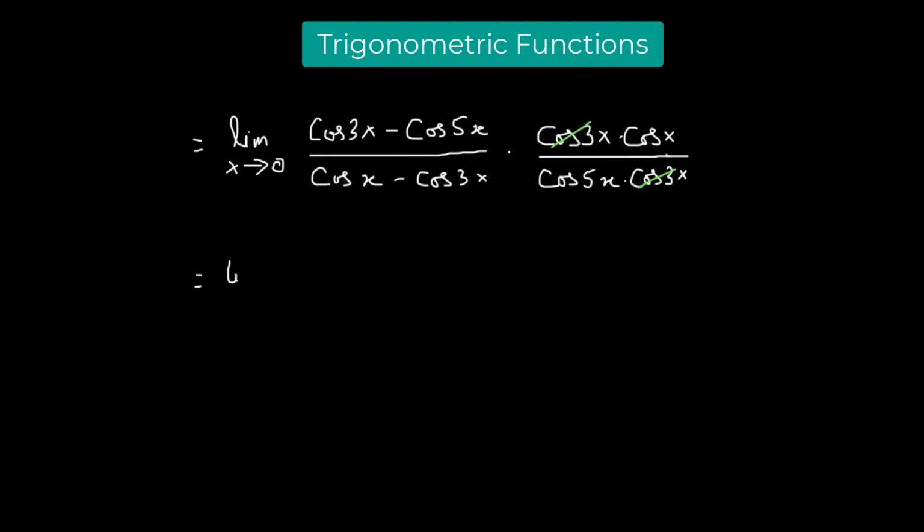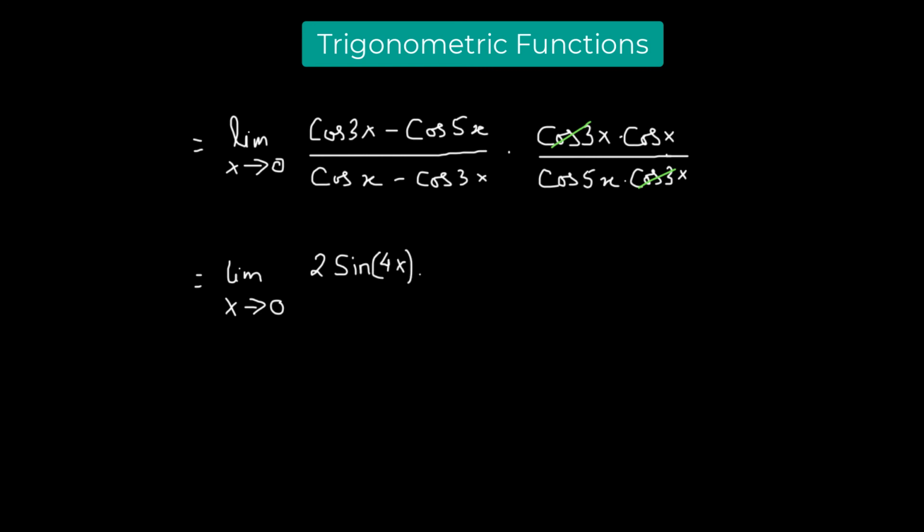And we have limit x tending to 0. So we apply the identity, which is 2 times sine of 3x plus 5x, which is 8x, 8x divided by 2 will give us 4x.